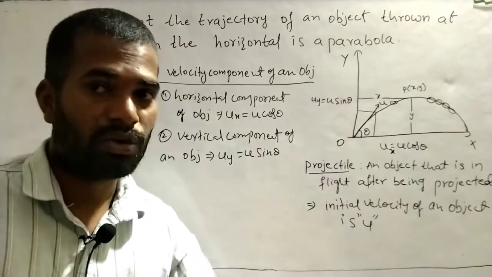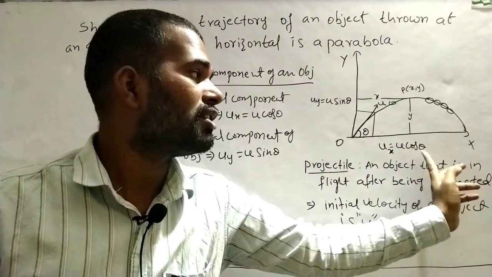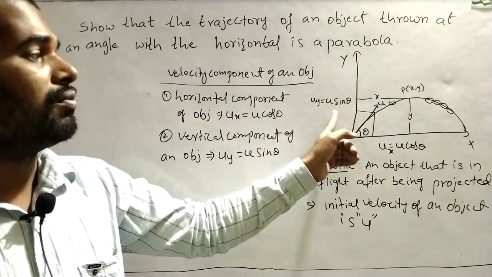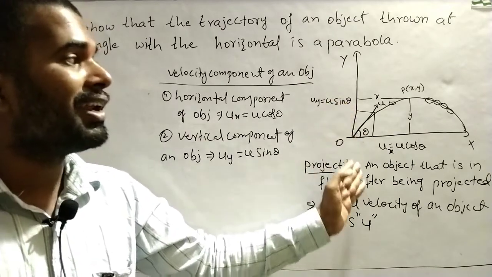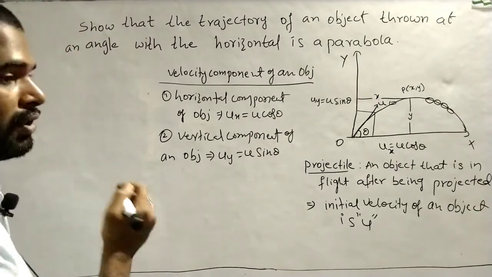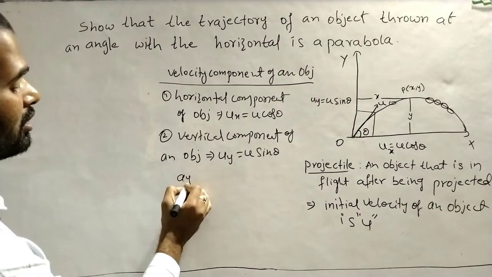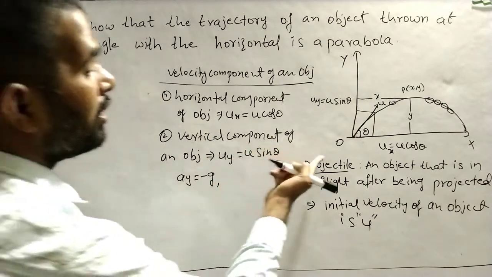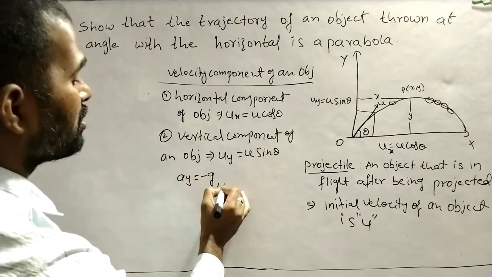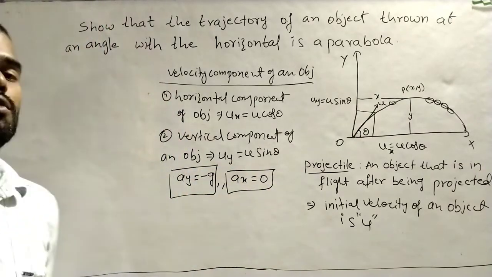Velocity component u cos theta is perpendicular to the acceleration due to gravity, and velocity component u sin theta is opposite to it. So acceleration is always g along the y-axis, ay equal to minus g. Along the x-axis the velocity is constant, which means acceleration ax is equal to 0.